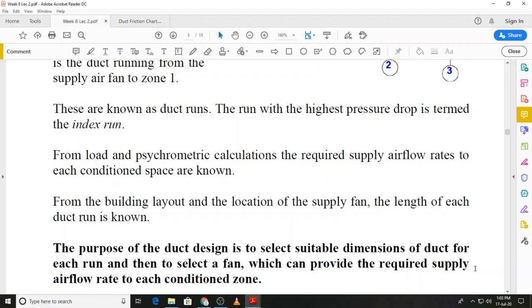What we will be asked to do when we say we are going to design a duct is that we will select suitable dimensions of the duct. If it's a circular duct, we will find out the diameter for the main duct as well as the branches. Then we will of course need to find out the pressure drop in each of the runs, identify the index run, and then we select a fan that will be used to drive the air through the ducting system to the various outlets.